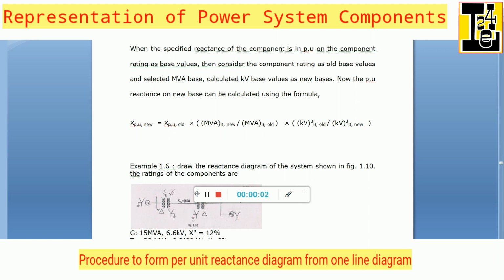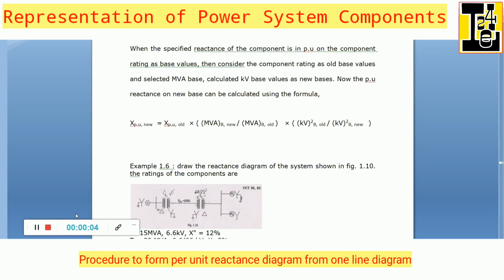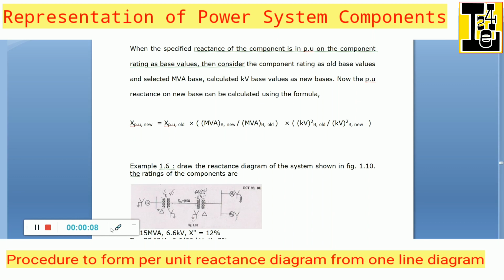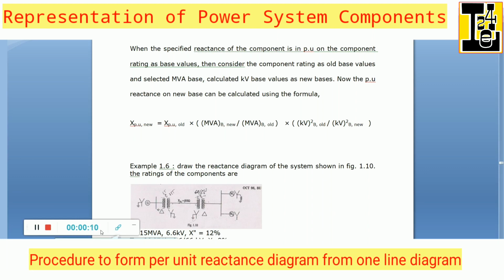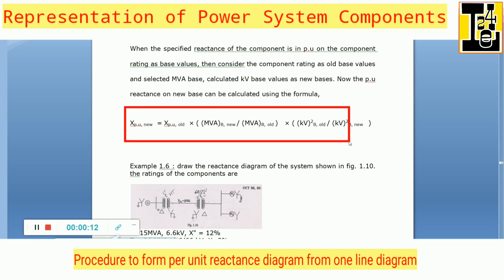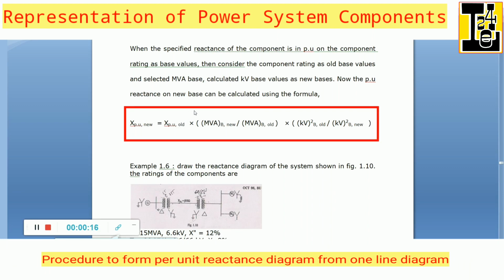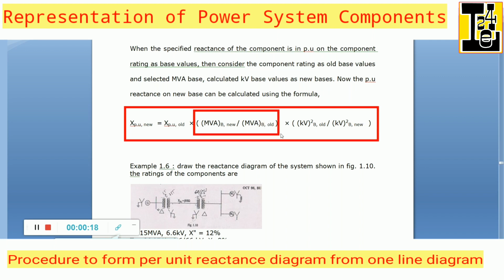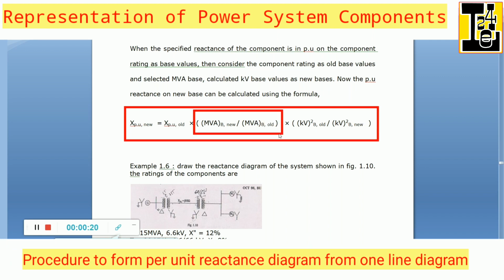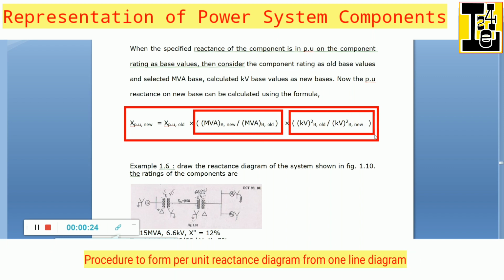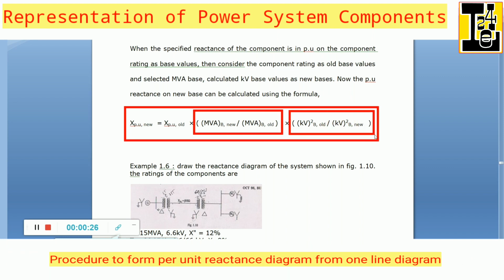Now the per unit reactance on a new base can be calculated using the formula X per unit new is equal to X per unit old into MVA base new divided by MVA base old into kV base old square divided by kV base new square.